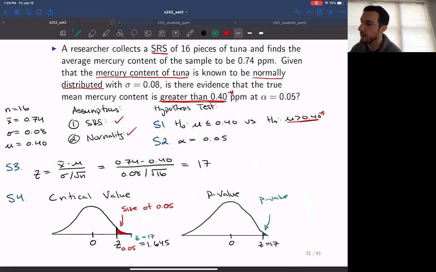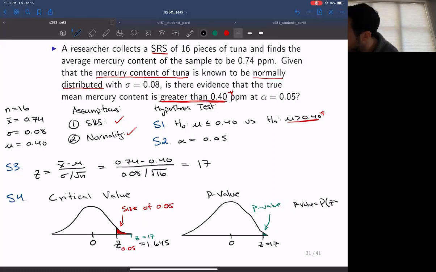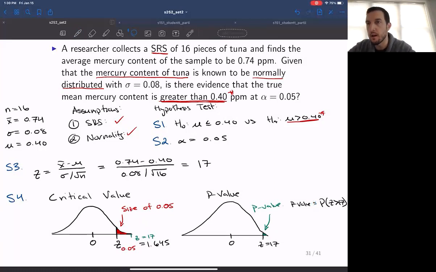What we can determine from looking at this illustration is that the p-value is the probability that Z exceeds 17. So the p-value itself is actually just a probability underneath the Z curve, or the standard normal curve.